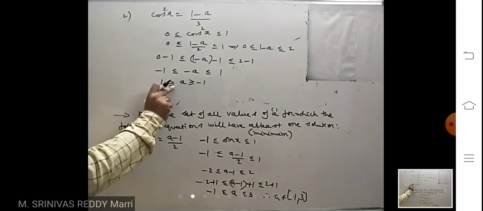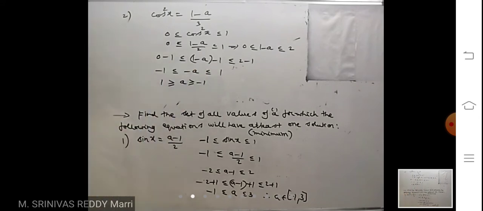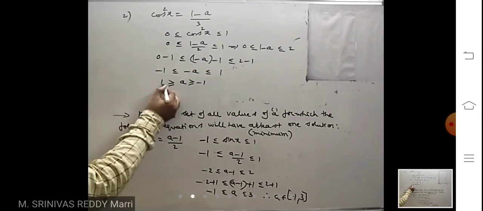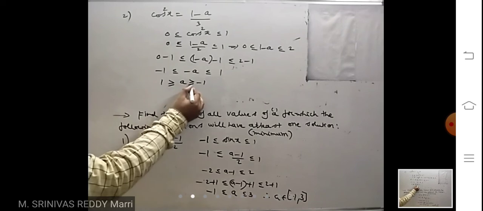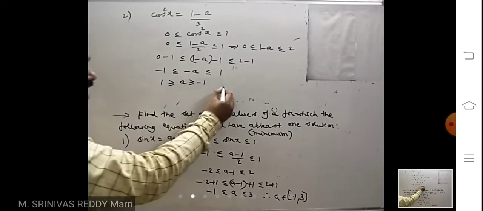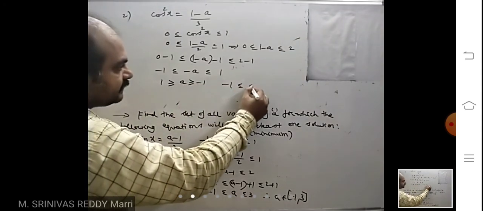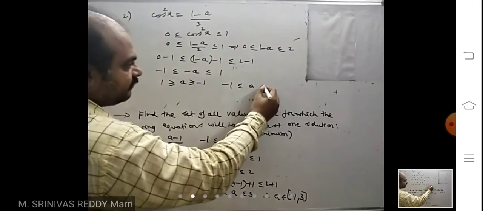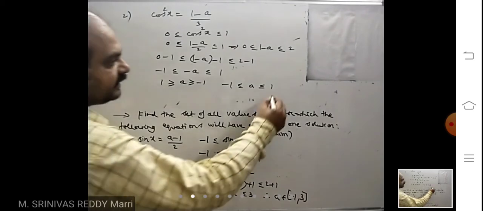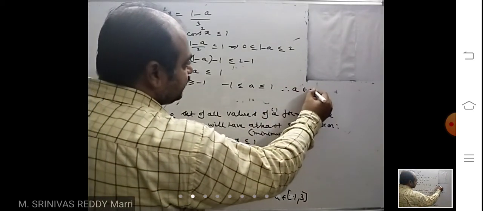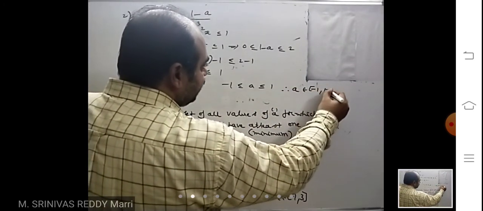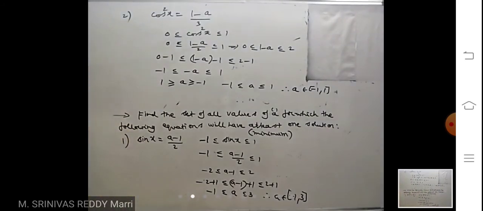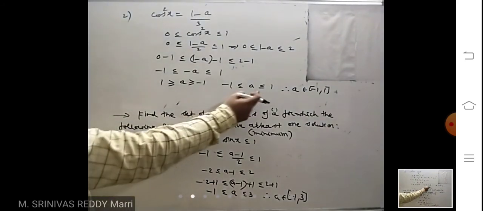Less than will become greater than, greater than will become less than. Reading from this side, minus 1 less than or equal to a, less than or equal to 1. Therefore, a must lie in the interval minus 1 to 1.